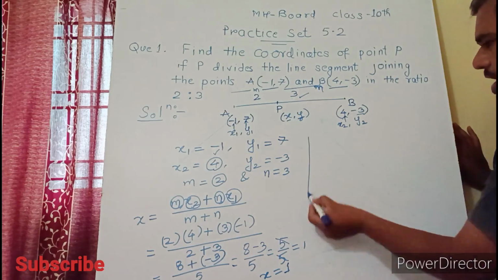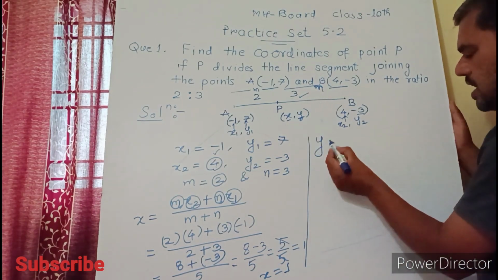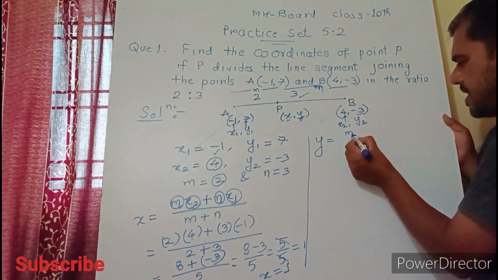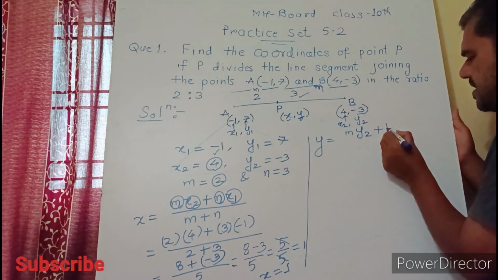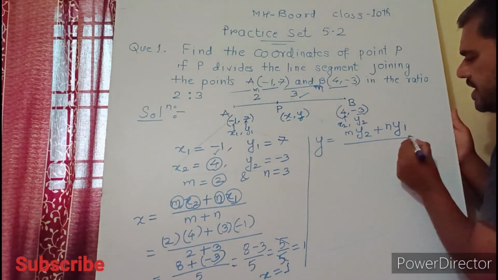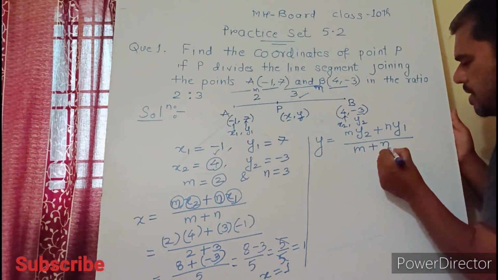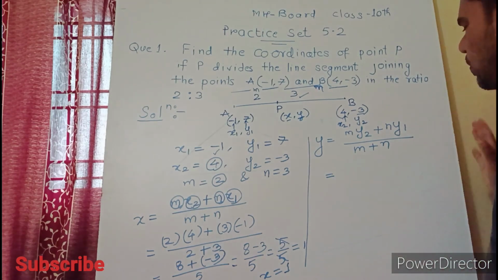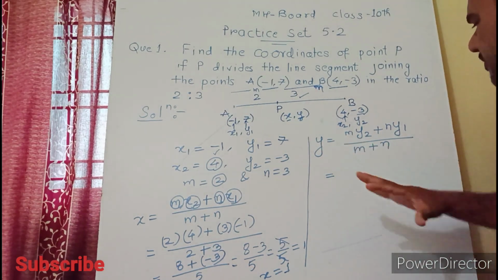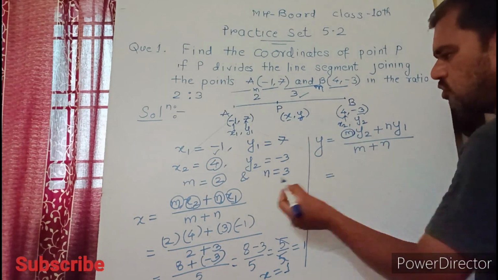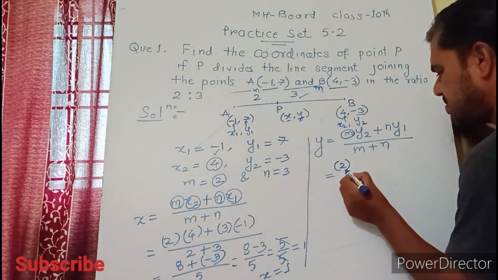Similarly, we can find the value of y by the section formula. y equals (m y2 plus n y1) divided by (m plus n). By putting these values, we can easily calculate the value of y. Now here the value of m is 2, put 2 instead of m.